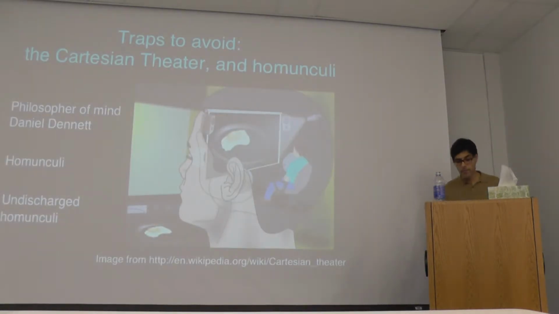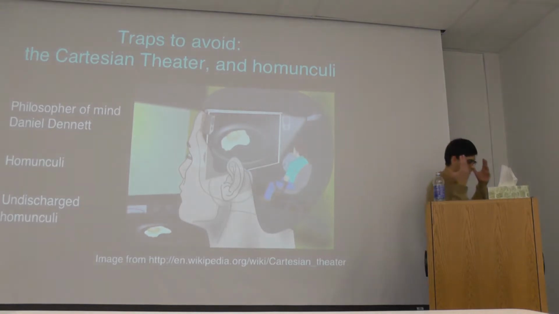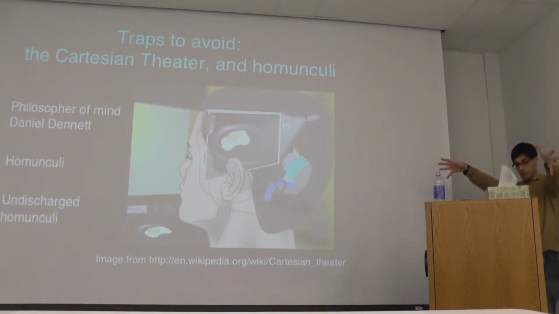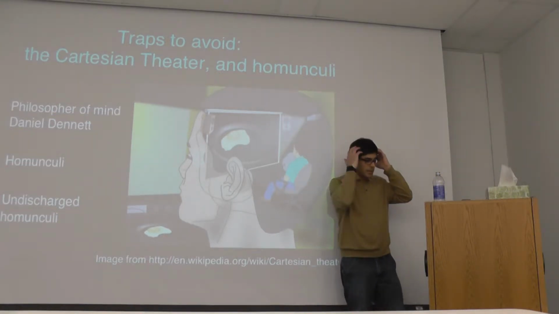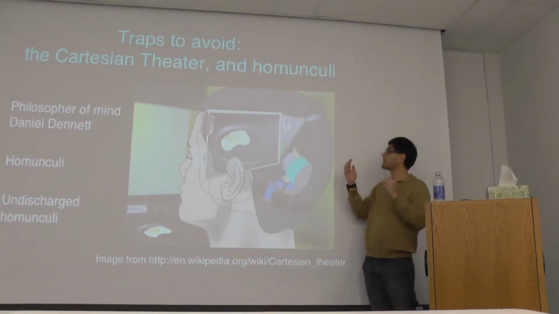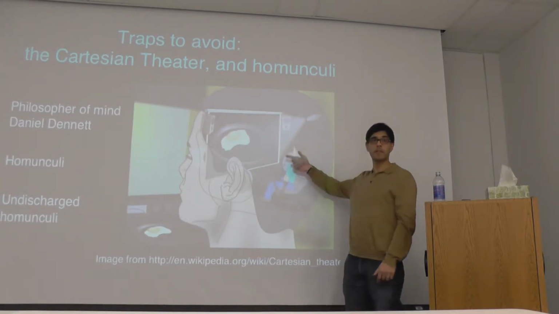And so even though it might kind of sort of feel as if what it means to have representation is to have this kind of little movie of the world going on inside your head that we're watching, that can't work, or at least in that form it can't work, because you'd have an infinite regress.